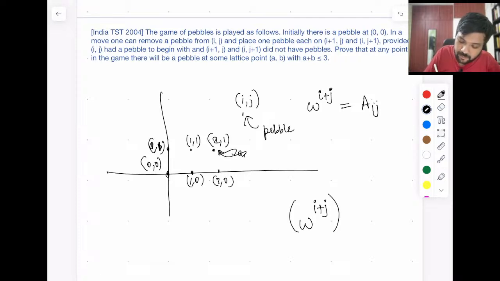If it has a pebble, then say that small aij is 1. If there is no pebble, then aij is 0.